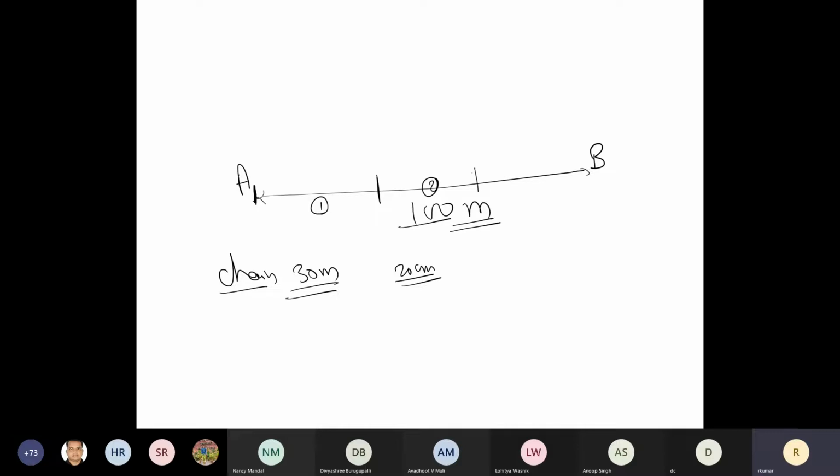So how do you know your chain is going straight? A and B should be in one line. How do you know? In survey terms, one person is called the leader and another the follower. The leader is here at A and B is there. It can be problematic if you stand off the line.